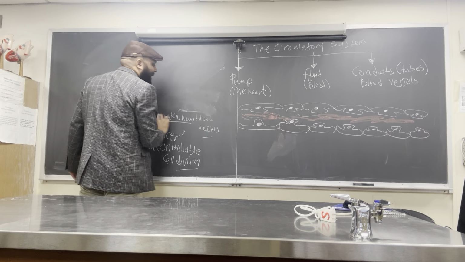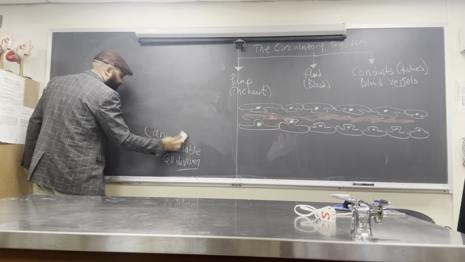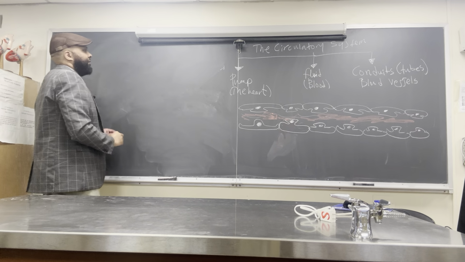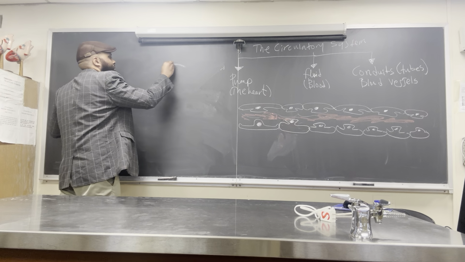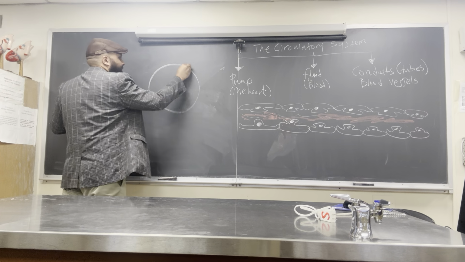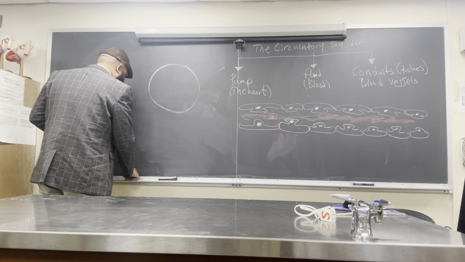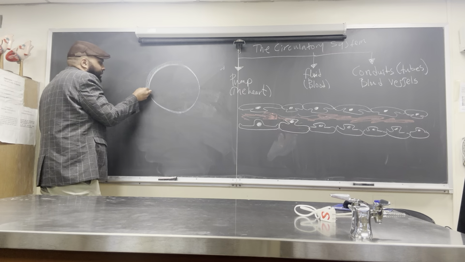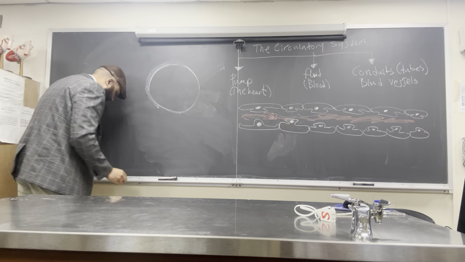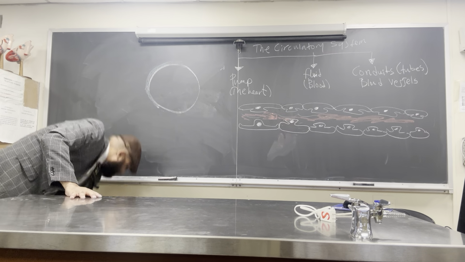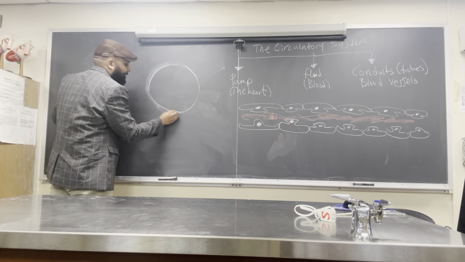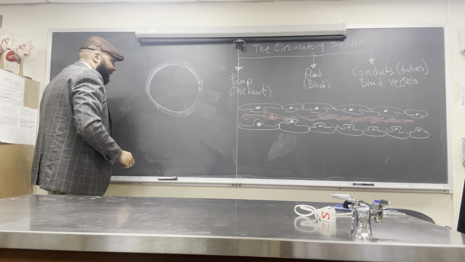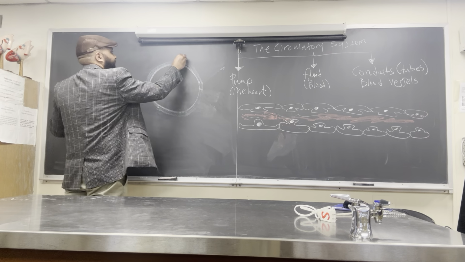Okay, so now once we start talking about the blood vessels, we obviously have to begin with the anatomy, the structure of the blood vessels. The blood vessels have three structures. One layer, then you have layer number two in the middle, and lastly, you have layer number three.